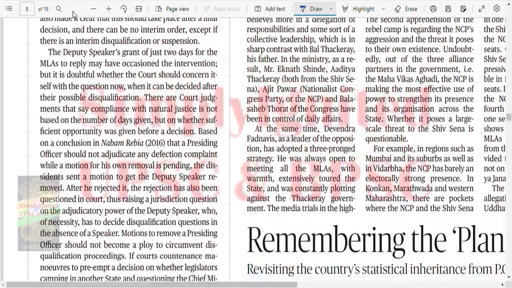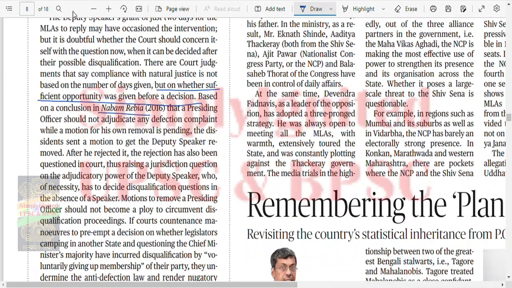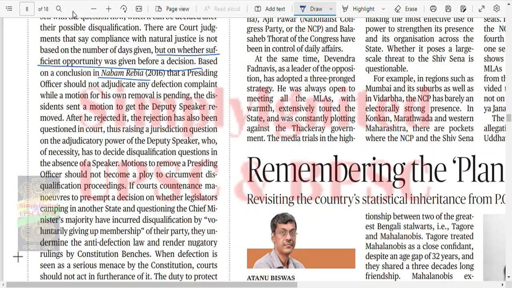The deputy speaker's grant of just 2 days for MLAs to reply may have occasioned the intervention, but it is doubtful whether the court should concern itself with the question now, when it can be decided after the possible disqualification. There are court judgments that say compliance with natural justice is not based on the number of days given, but whether sufficient opportunity was given before a decision. Based on a conclusion in Nabam Rebia, a presiding officer should not adjudicate any defection complaint while a motion for his own removal is pending.